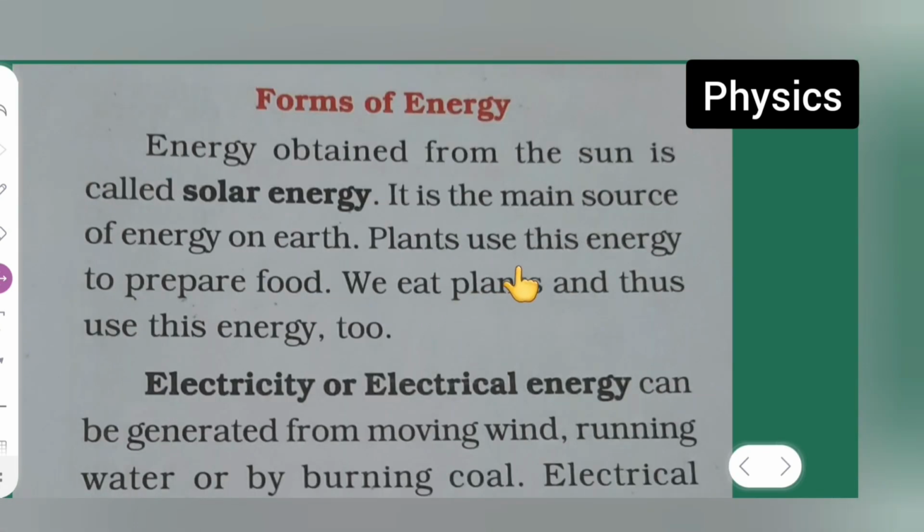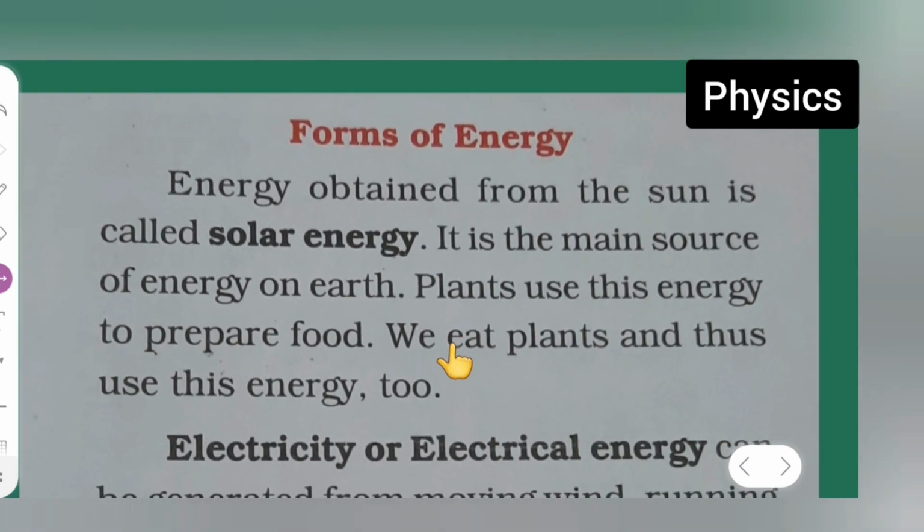Next, let us move further. That is the forms of energy. Okay, forms of energy. Energy obtained from the sun is called solar energy. It is the main source of energy on earth. Plants use this energy to prepare food. We eat plants and thus use this energy too.